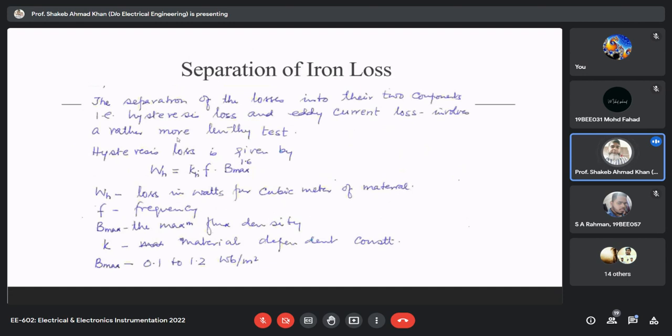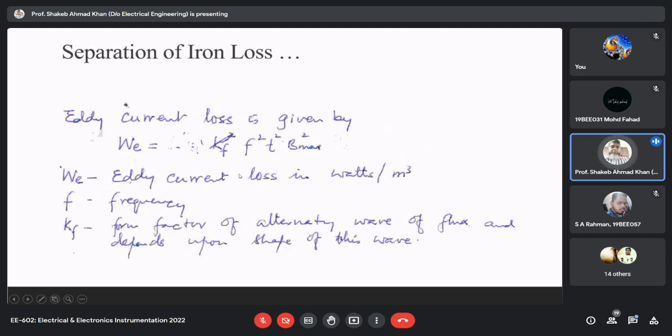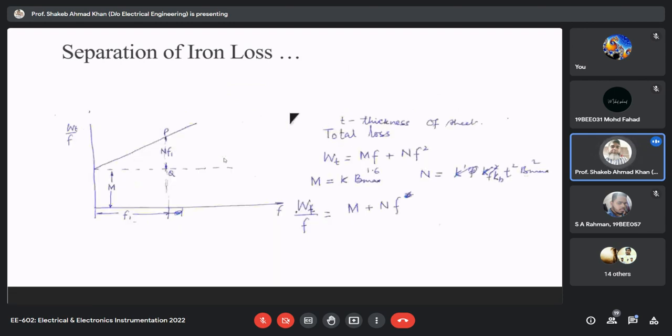So in this expression f is variable and all other parameters are constant, so they are clubbed together in M. Similarly here, only frequency is variable and all the other parameters are constant, so we club them together in another constant N. That's what I had written here.